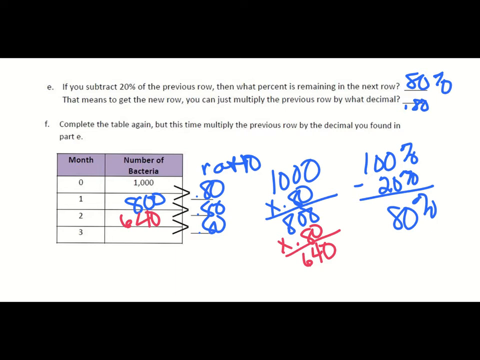And then 640 times 0.80, I'm going to get 512. It says complete the table again, but this time multiply by the decimal in part E. You should notice that these are the same numbers that you got on the previous one. So it's a lot easier to multiply by that number rather than do that two-step process.